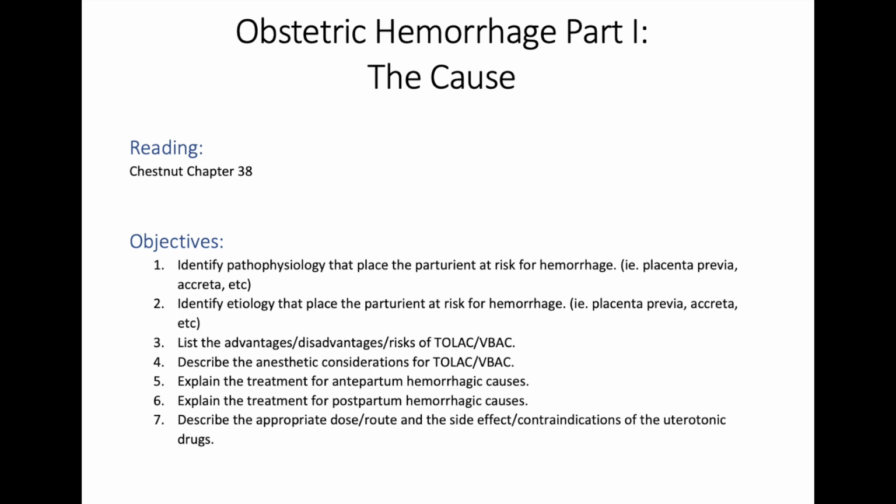Another reason for antepartum hemorrhage is placenta previa. A placenta previa is an abnormal implantation of the placenta over or close to the cervical os. You probably remember this from nursing school. The classic clinical sign is painless preterm vaginal bleeding, and that's what differentiates it from placental abruption, which we'll talk about in a bit.